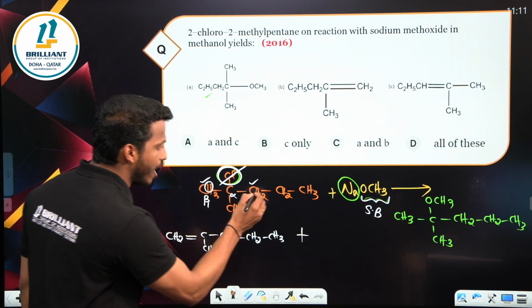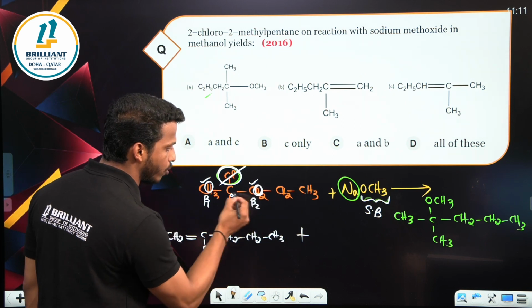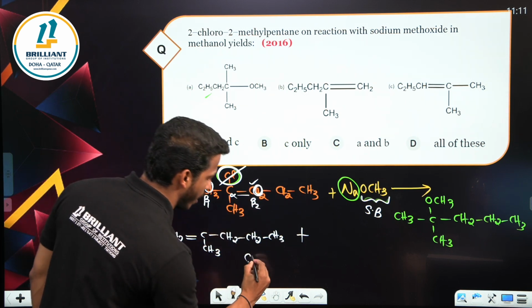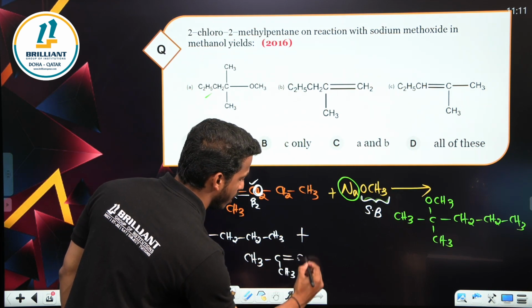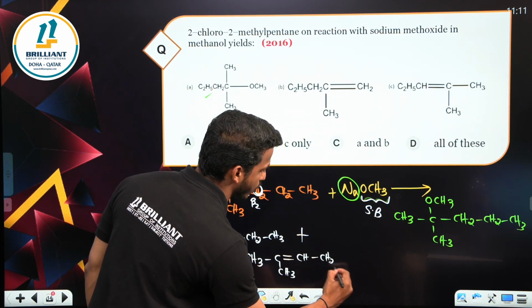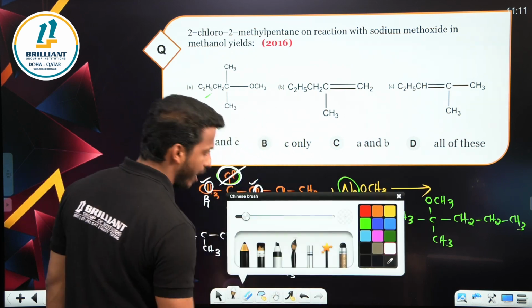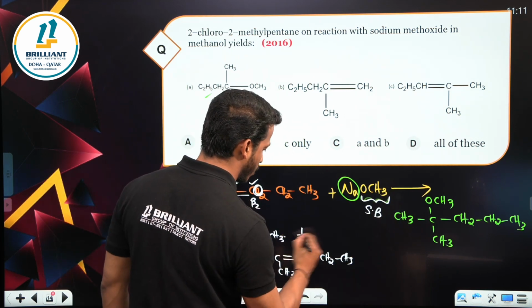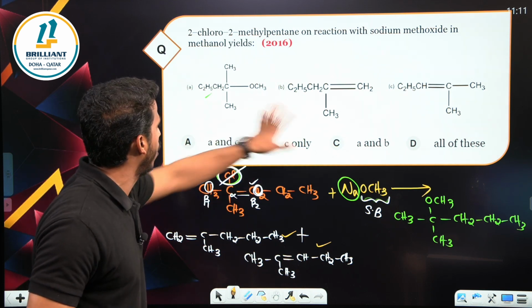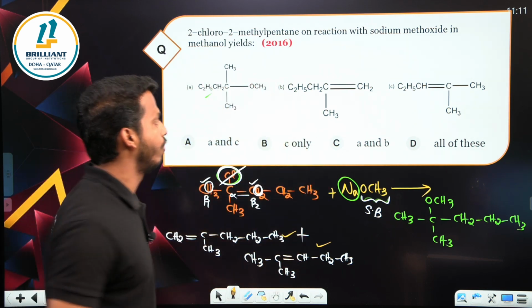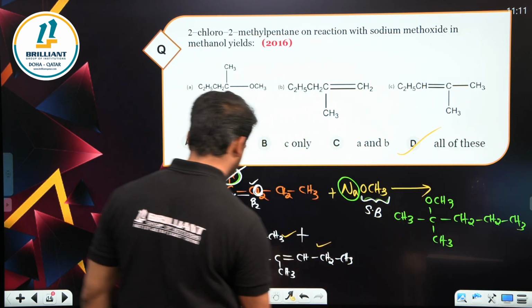Plus, if you take hydrogen from this beta, I have to make the double bond here, so I get another product, (CH3)2C=CHCH2CH3. Are these two products there? Yes, dear all, so A, B, C, all of these can form. Option D can be the answer.